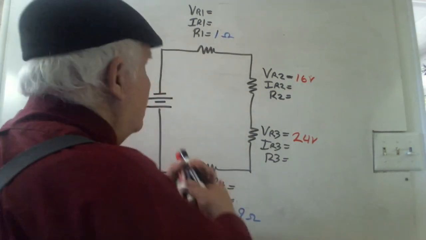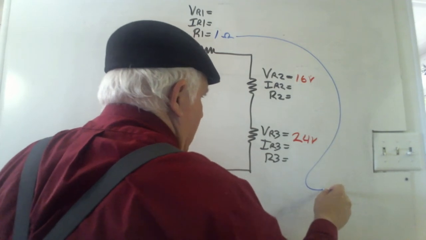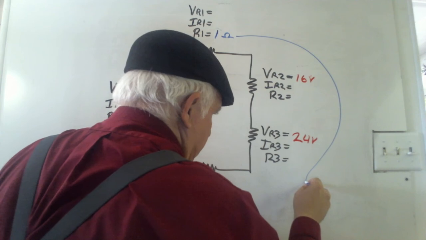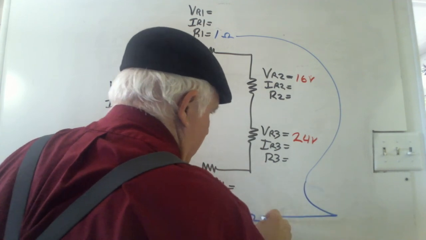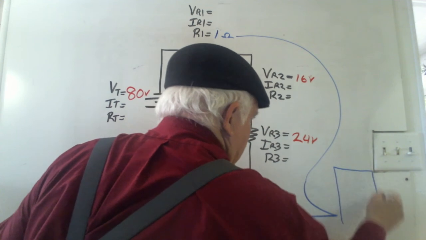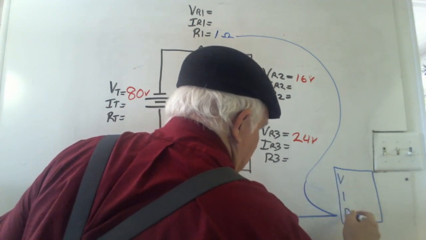So what I'm going to do is take this resistance right here and this resistance right here. And these two are going to be combined into a VIR box that I put here. Voltage, current, and resistance.